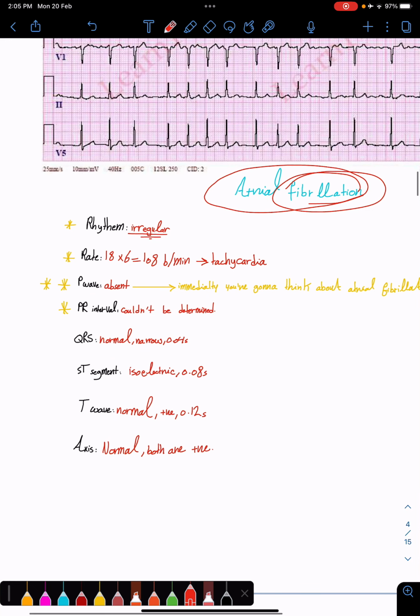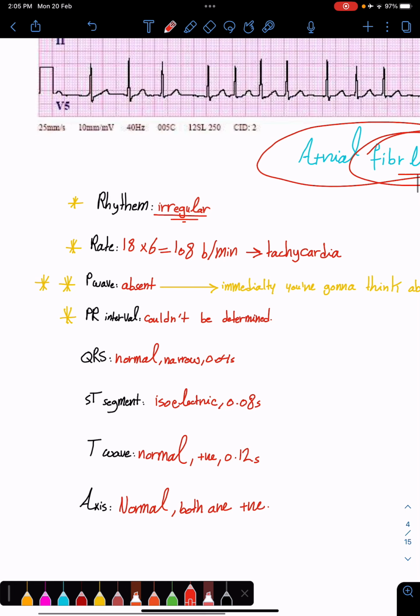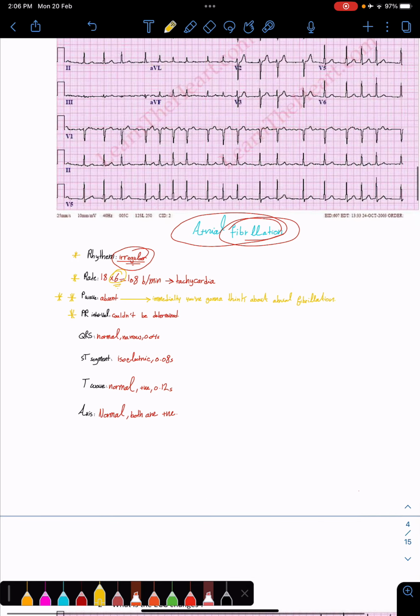Okay, how could we determine the rate? Because the rhythm is irregular, we're going to take the 6. 6 is a fixed number, and then multiply it by 18. Why do we multiply it by 18?